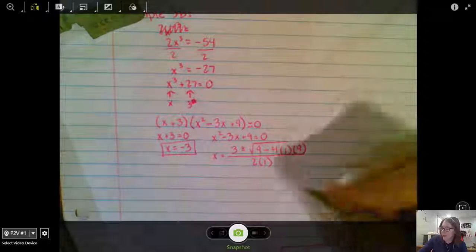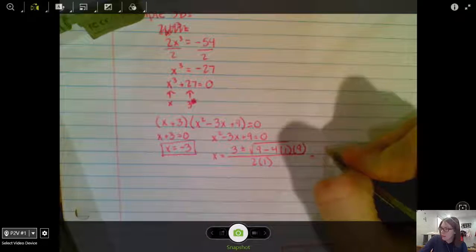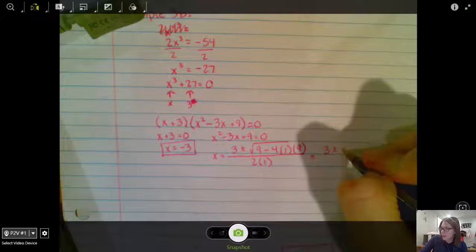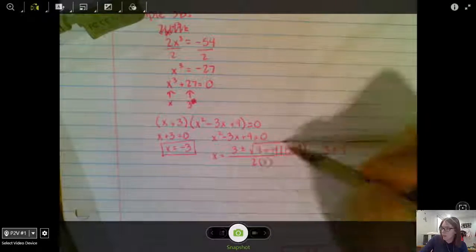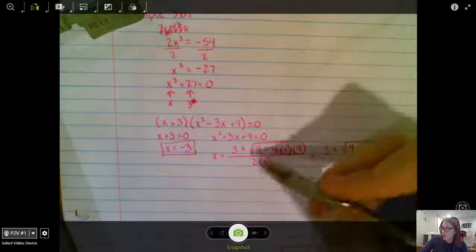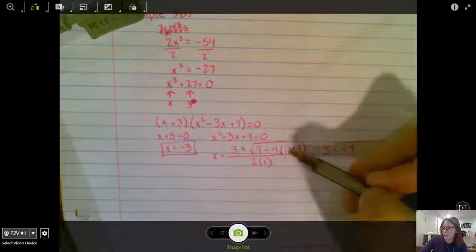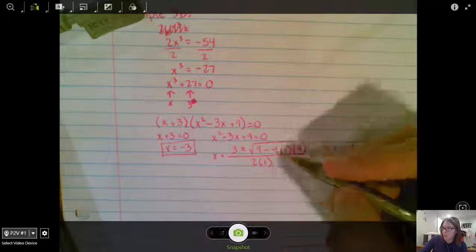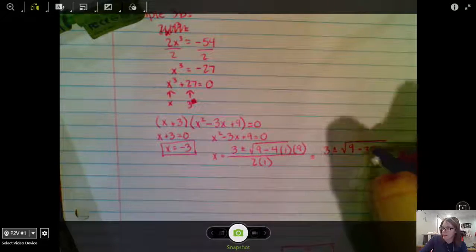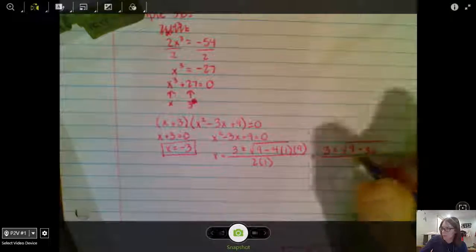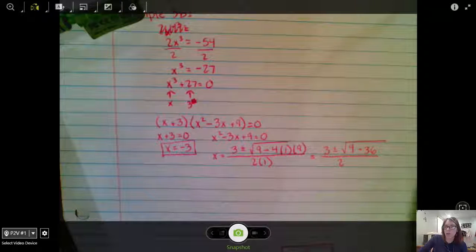And we'll simplify from there. So 3 plus or minus the square root of 9 minus 4 times 1 times 9. 4 times 1 times 9 is 36, over 2.